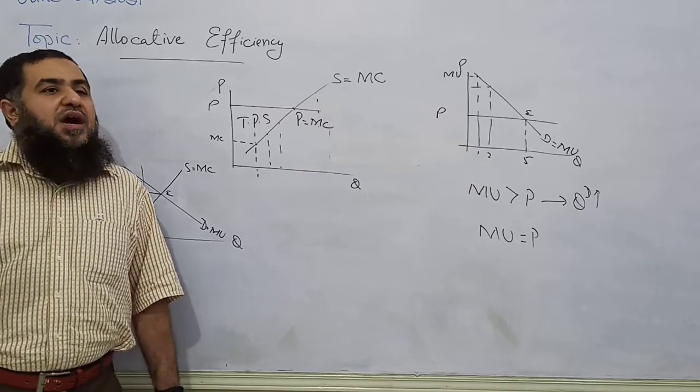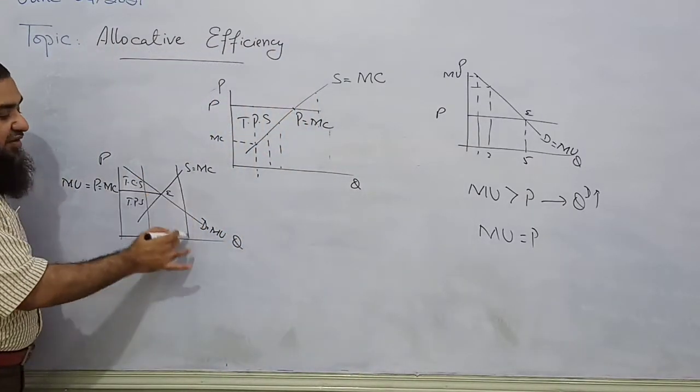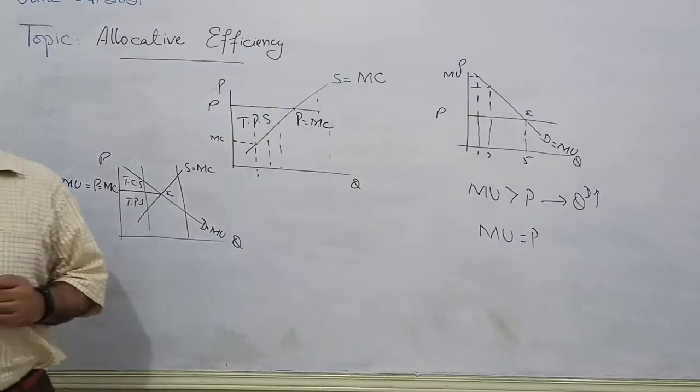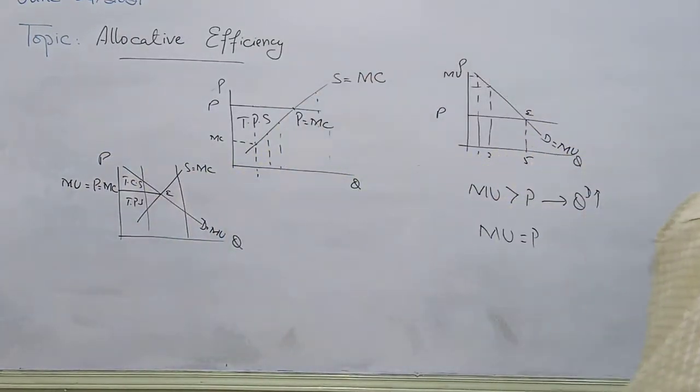So any point other than equilibrium, even at this higher level of output, will show us the welfare losses of consumers and producers. That's why any disequilibrium will have allocative inefficiency.